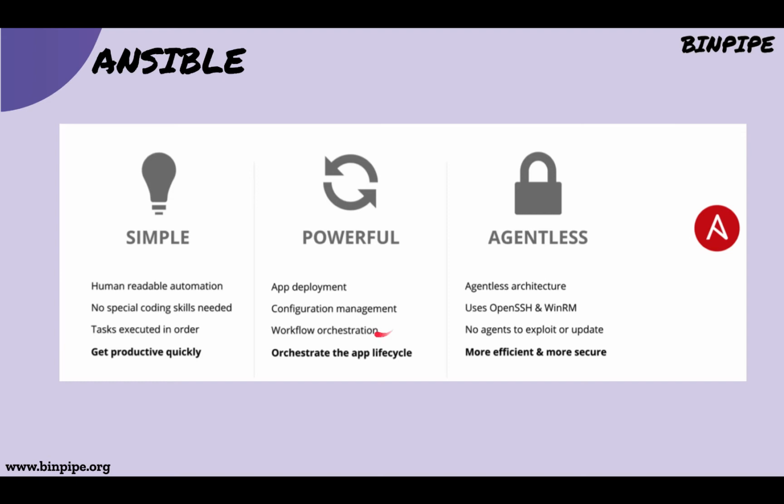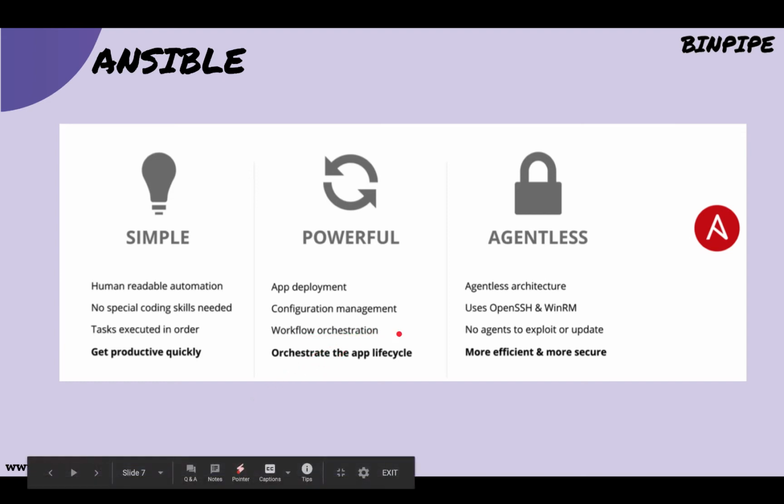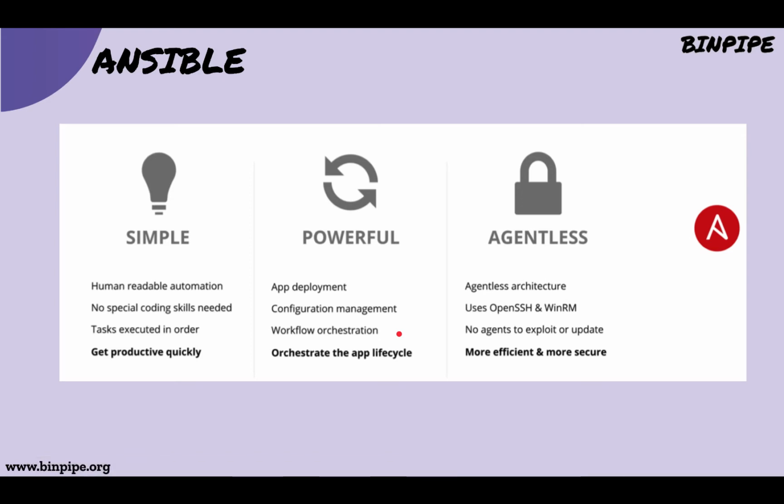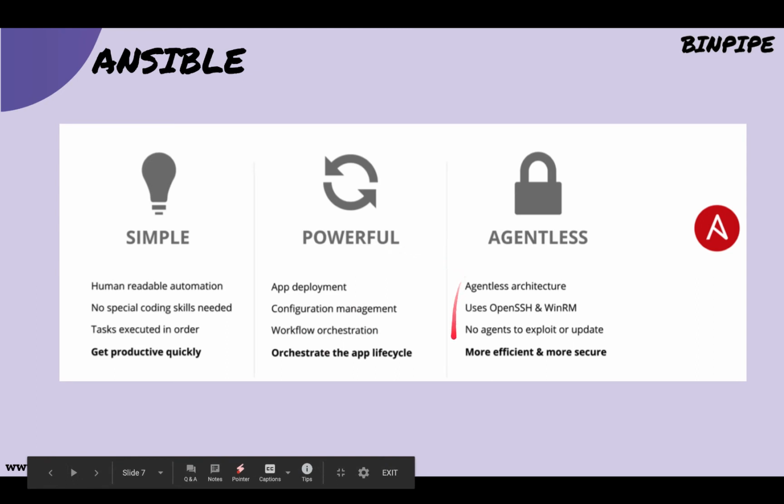In order to do that, we can use the workflow orchestration feature. You write your Ansible playbooks in such a manner that it does task A first, and only if A succeeds it moves on to task B, because it has to be done in that way and not in any other order. So it allows you to do these kinds of things as well.